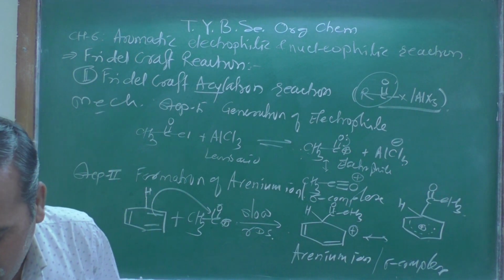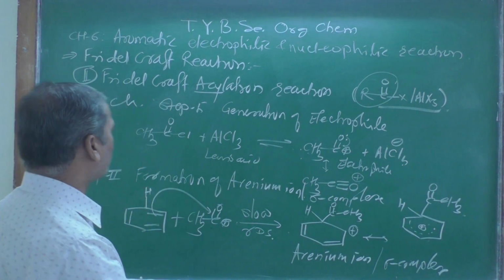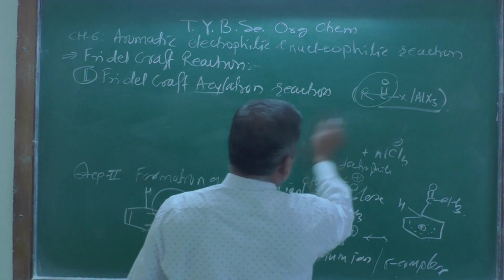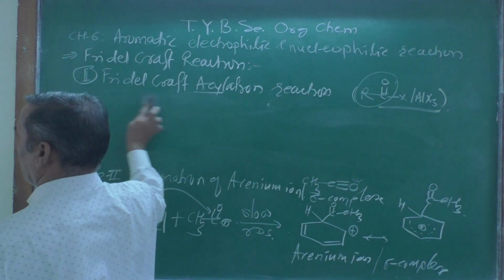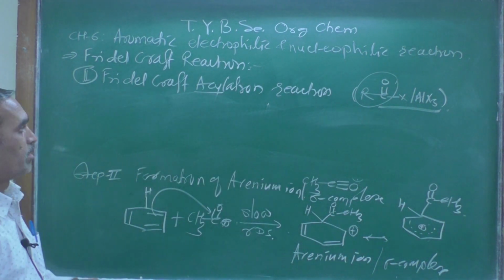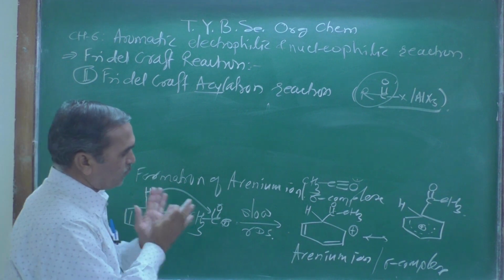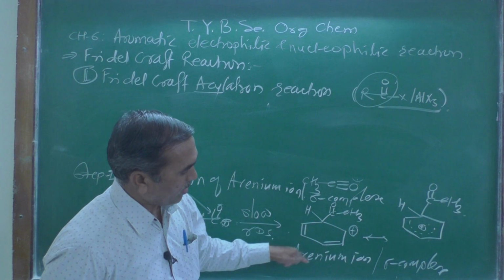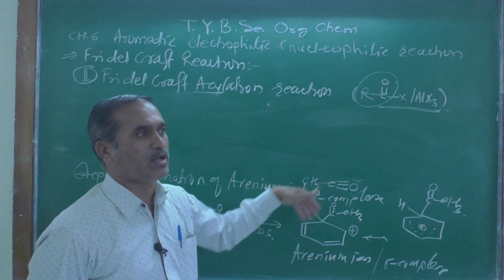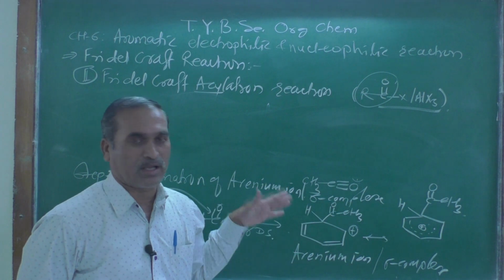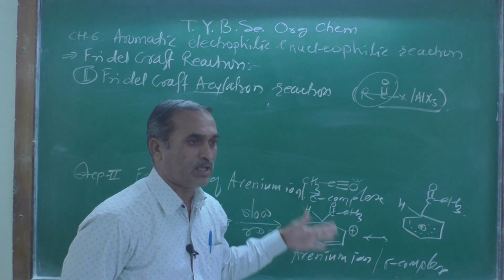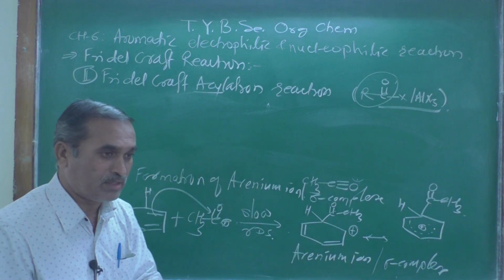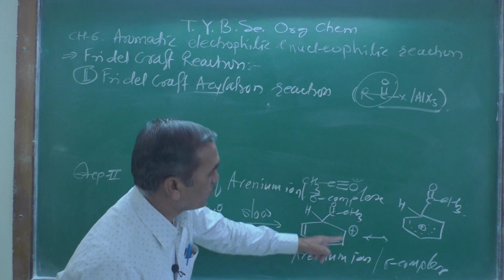And as we know, the last step, the third step in a Friedel-Crafts acylation reaction, is always aromatization. Now if you observe these two structures carefully, our arenium ion is nothing but an aromatic carbocation. That carbocation is non-aromatic in nature, but it gets stabilized due to the resonance effect.